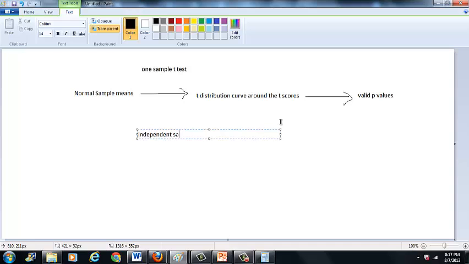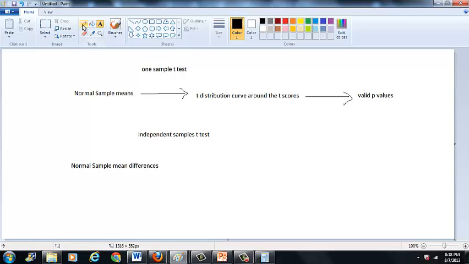In an independent samples t-test, the sample mean differences have to be normal. If they are normal, you end up with the t-distribution curve that you want to have around your t-scores.